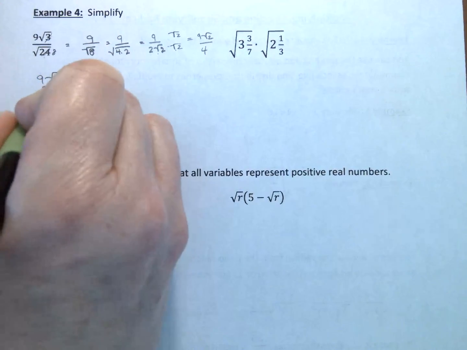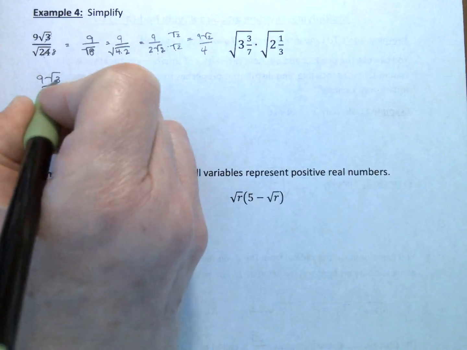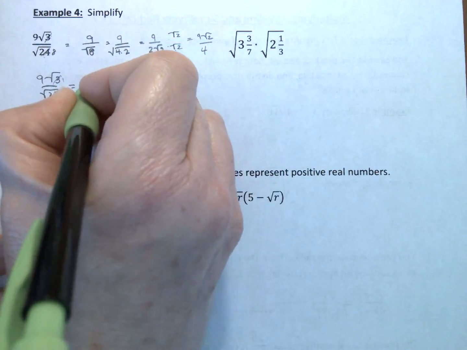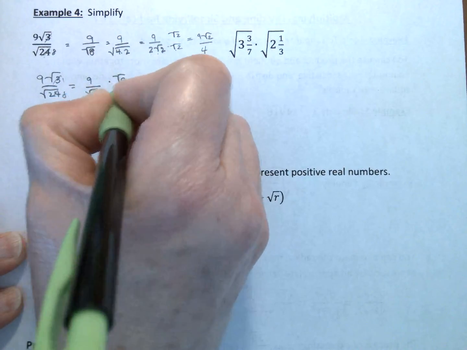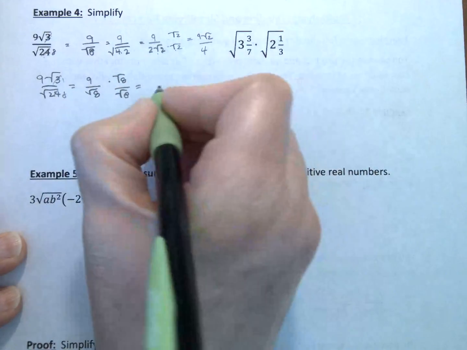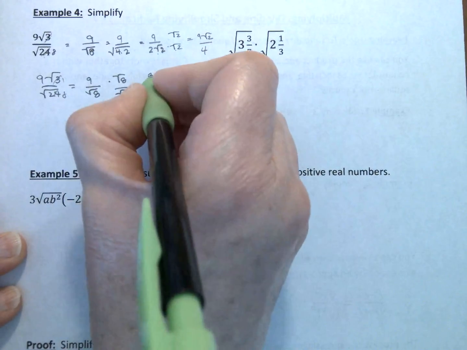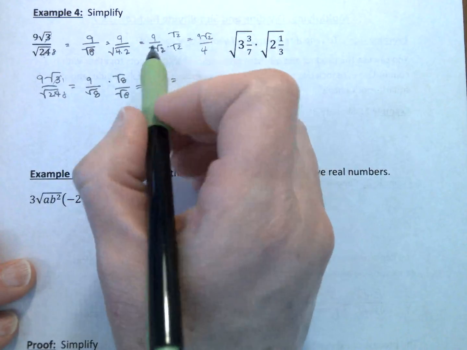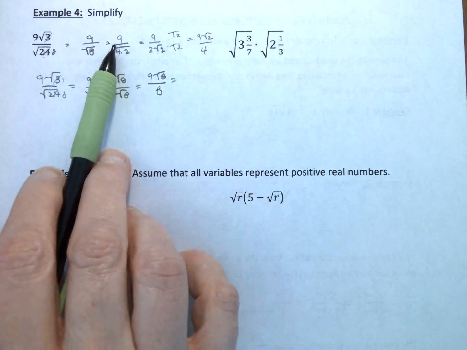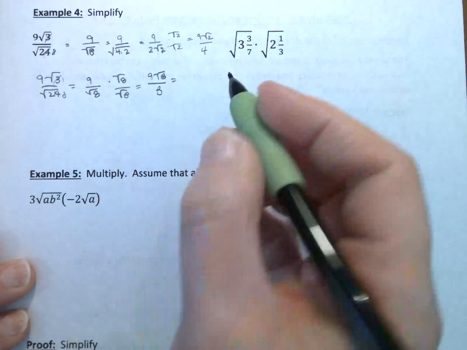9 square root of 3 over square root of 24. I go ahead and I simplify this. So I have 9 over the square root of 8. And then I'm just going to multiply the top and the bottom by the square root of 8. So I have 8 on the bottom, 9 square root of 8. 8 I can then simplify into 4 times 2. So it's kind of the same thing I did here, except now I'm doing it on the top instead of on the bottom.